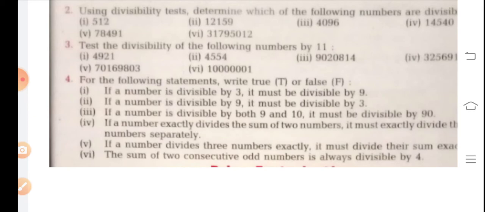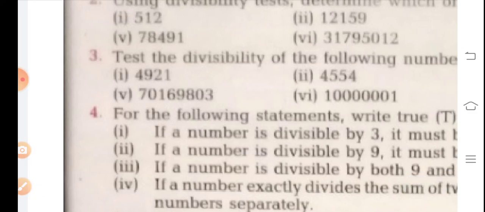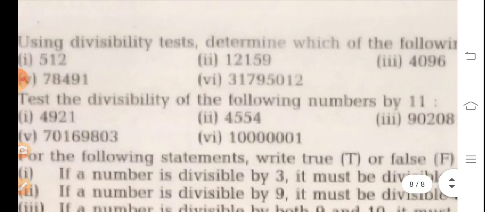So firstly you add the even places, add the odd places, then subtract. If the difference is 0 or a multiple of 11, then the number is divisible by 11. Do you understand?